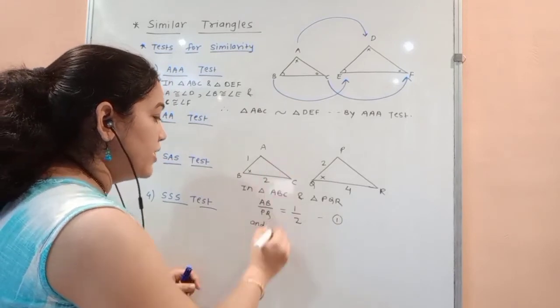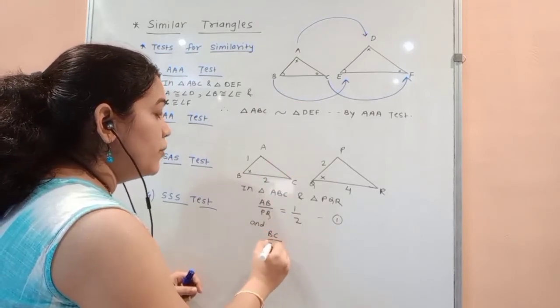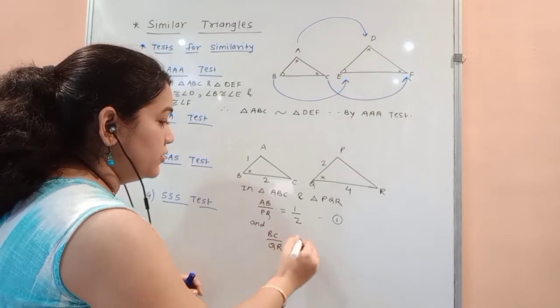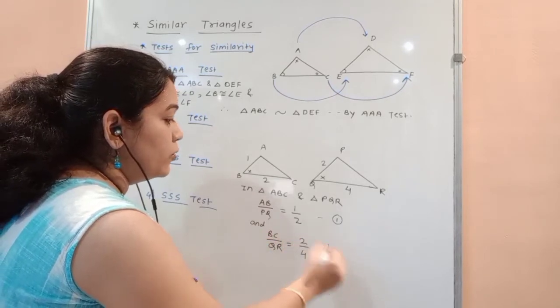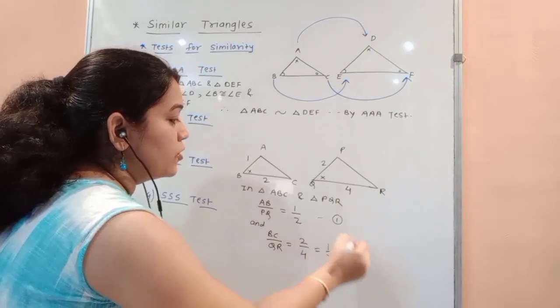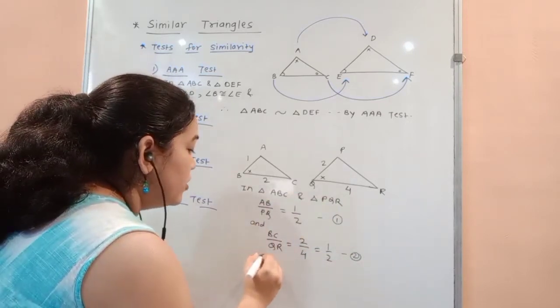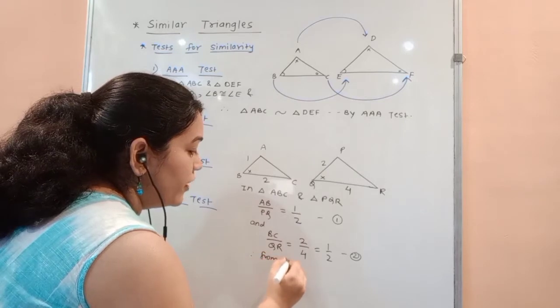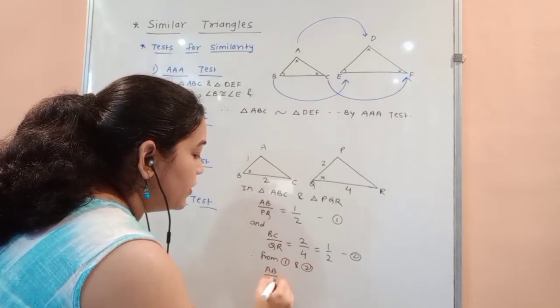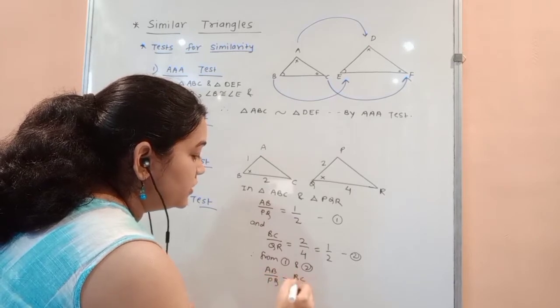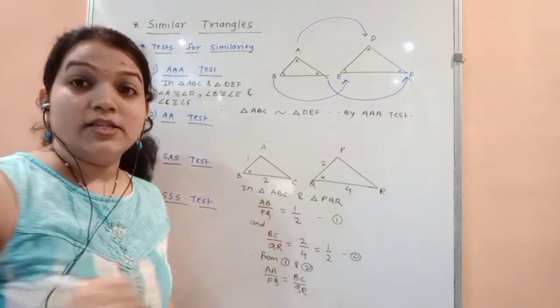And next is BC upon QR is equal to 2 by 4. This is also 1 by 2. So therefore from 1 and 2, I can say AB upon PQ is equal to BC upon QR. Yes or no?